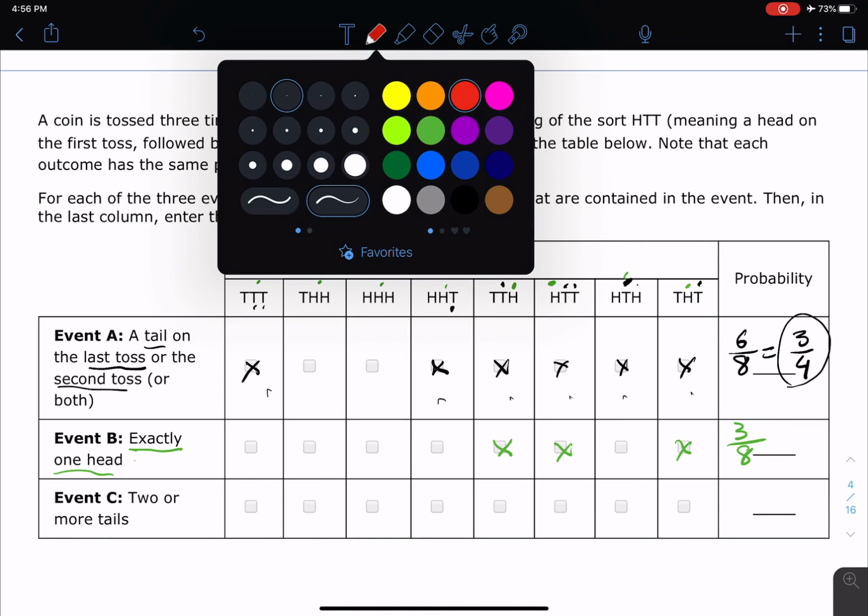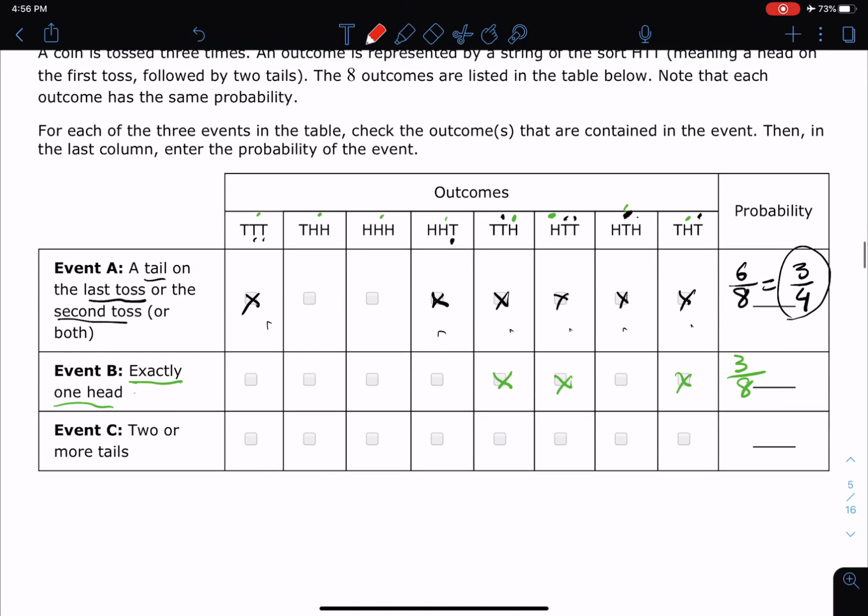And finally, my last trick in red is going to be event C is 2 or more tails. Okay, well that doesn't have any, I'm sorry, 2 or more tails. Yeah, that has 3 tails. That's 1 tail, so that doesn't work.